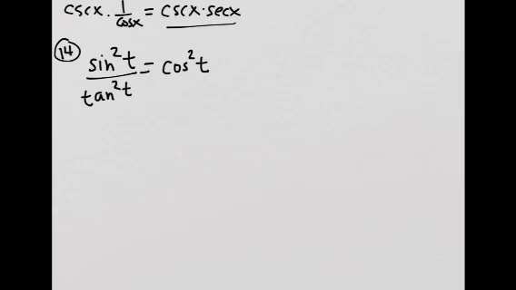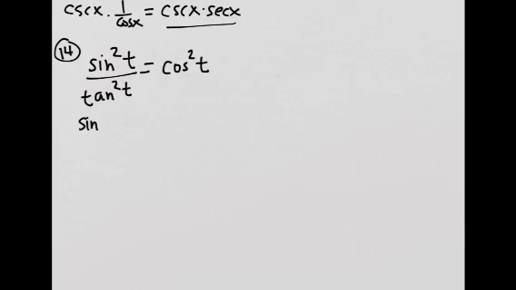So there are many things you can substitute for sine squared t or tangent squared t, but remember you always have to keep your eye on the goal. This is what you want to get to. So just by looking at this side, what I'm thinking is I'm going to take this one and change it to sine over cosine.